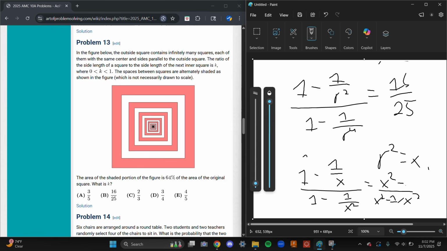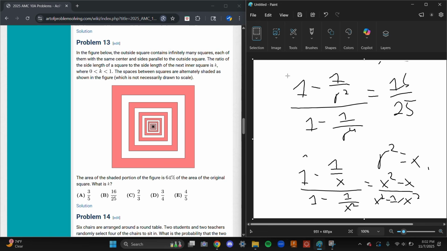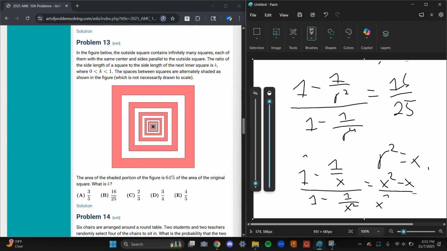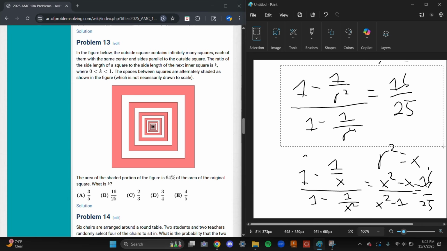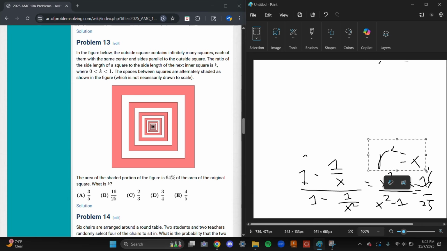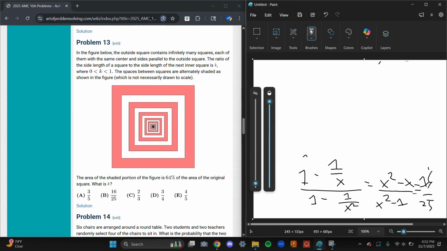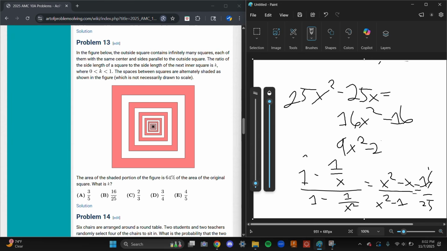So x squared minus x over x squared minus 1 is equal to 16 over 25. Now we're going to cross multiply, and then we'll solve for x, right? And then we'll take the square root to get r. So 25x squared minus 25x is equal to 16x squared minus 16. So move the x squared over: 9x squared minus 25x plus 16 equals 0.